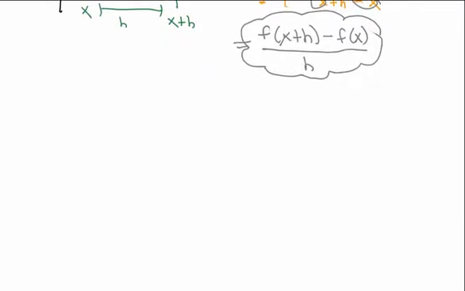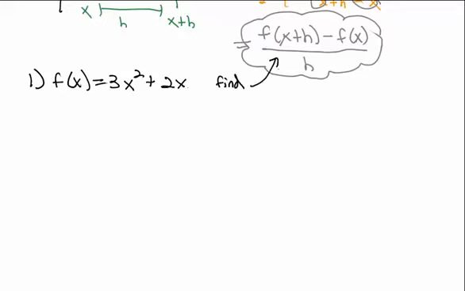So let's see if we can find a difference quotient with an example. Let's do f of x equals 3x squared plus 2x. And we're going to find that difference quotient. Well, for the first part, f of x plus h, we're going to stick x plus h in for the x's.